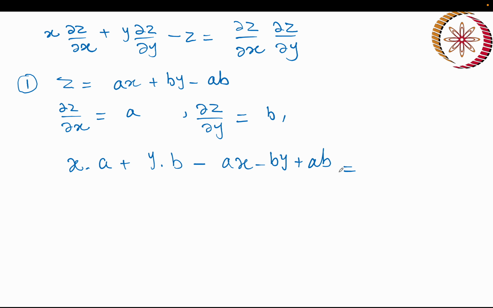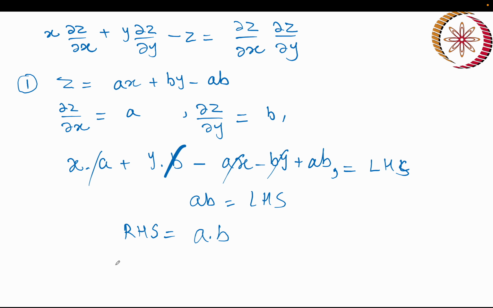Let's say this is the LHS, and then we'll see what remains. These terms get cancelled, and we get LHS equal to ab. If we see the RHS, it is a into b, so we can see that the left hand and right hand sides are equal.